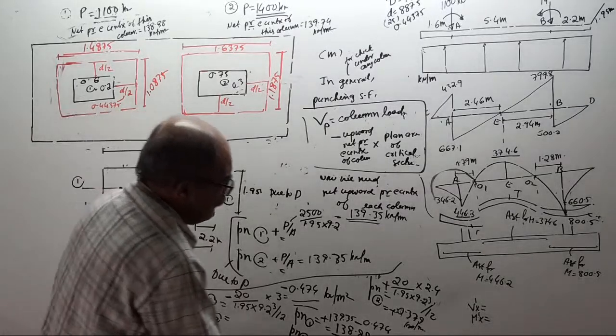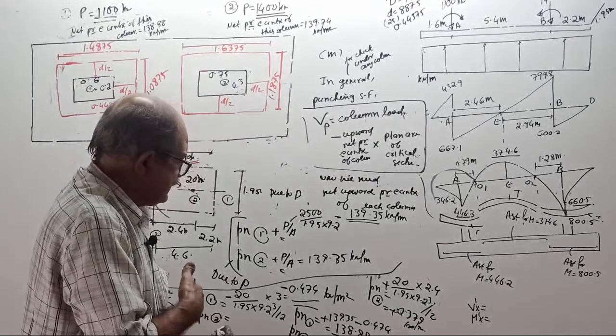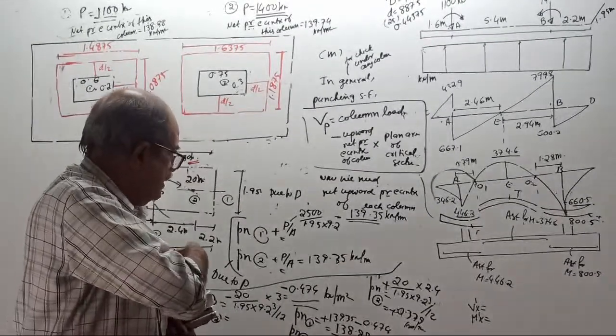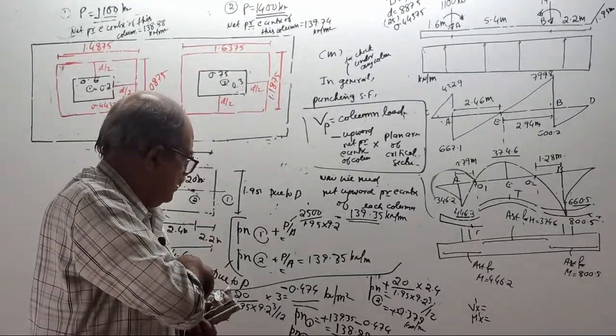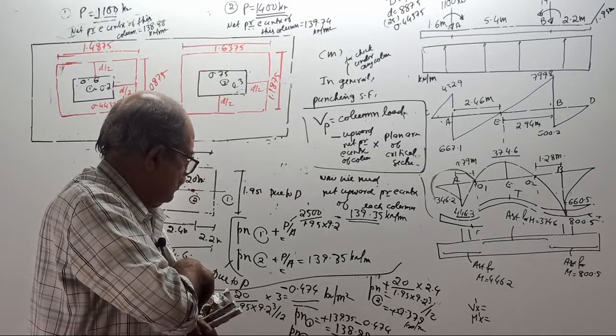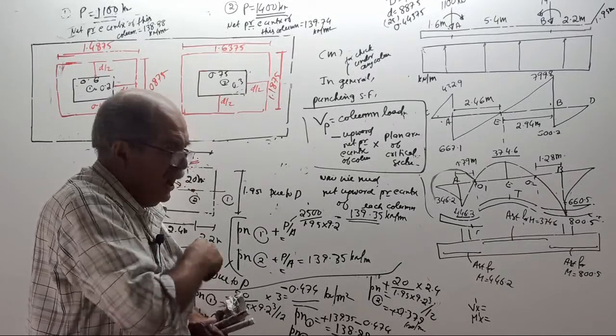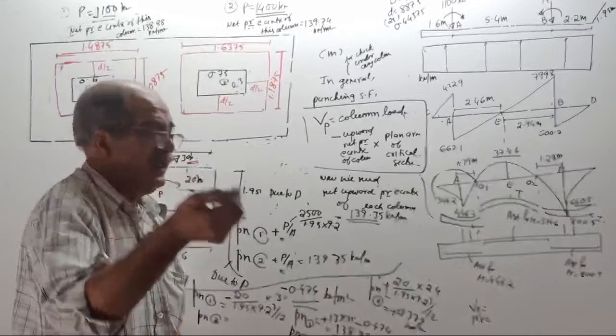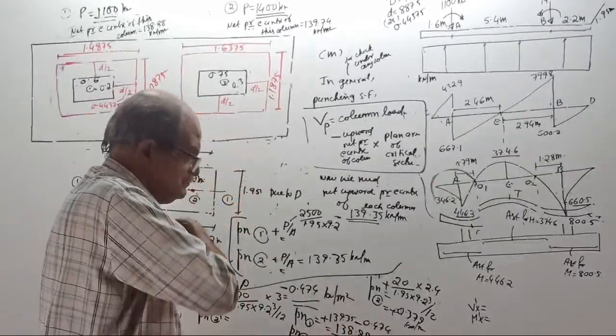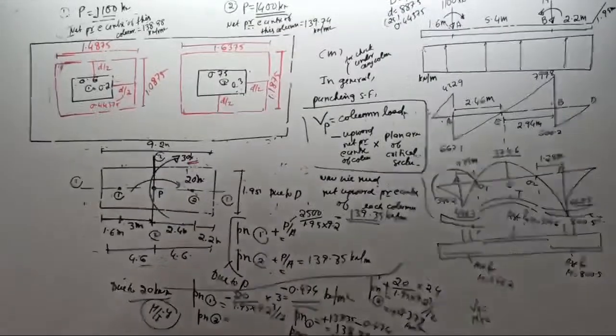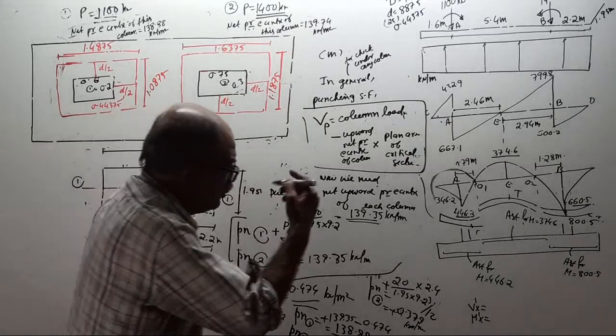I will write 74. I will give 1 paisa tips. Take 1 paisa tips. How much? 139.74, because I know the answer.